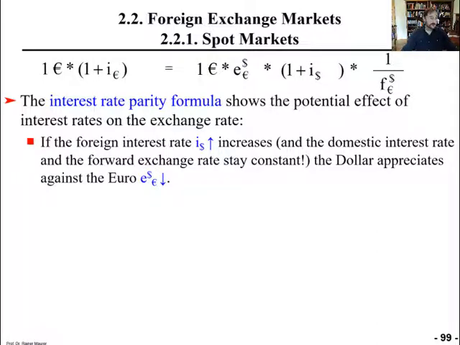If the foreign interest rate increases, however, and the domestic interest rate and the forward exchange rate stay constant, the dollar appreciates against the euro, which means the euro depreciates against the dollar in order to restore the equilibrium of this equation.